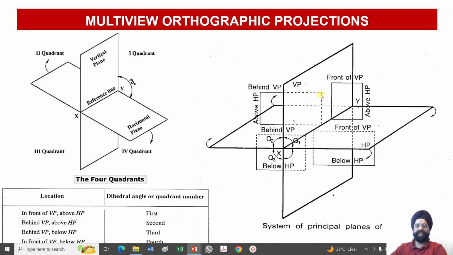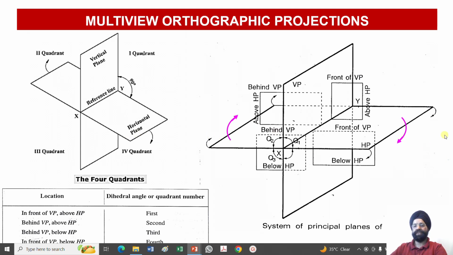In the second quadrant the object will lie behind VP and above HP. In the third quadrant the object will lie behind VP and below HP. In the fourth quadrant the object will lie below HP and in front of VP. So this is the criteria to decide in which quadrant the object will lie.